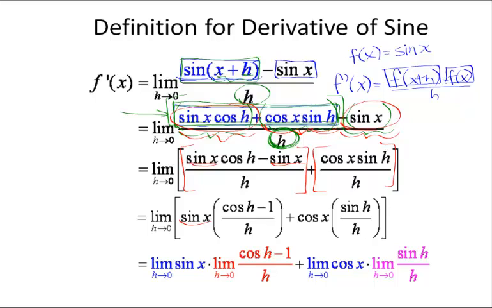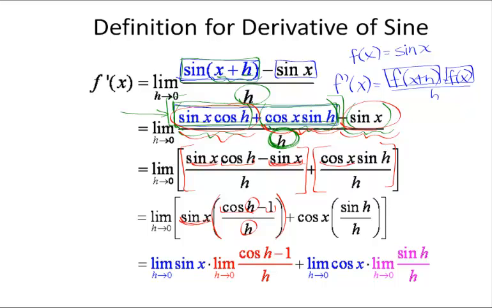I have factored out the common term, and you can see that what is left when I take sine of x out of that term is cosine of h. What is left here after I take sine of x out is 1. And so I've just factored the sine of x out front, and everything that has h in it, I've put right there in its own term.